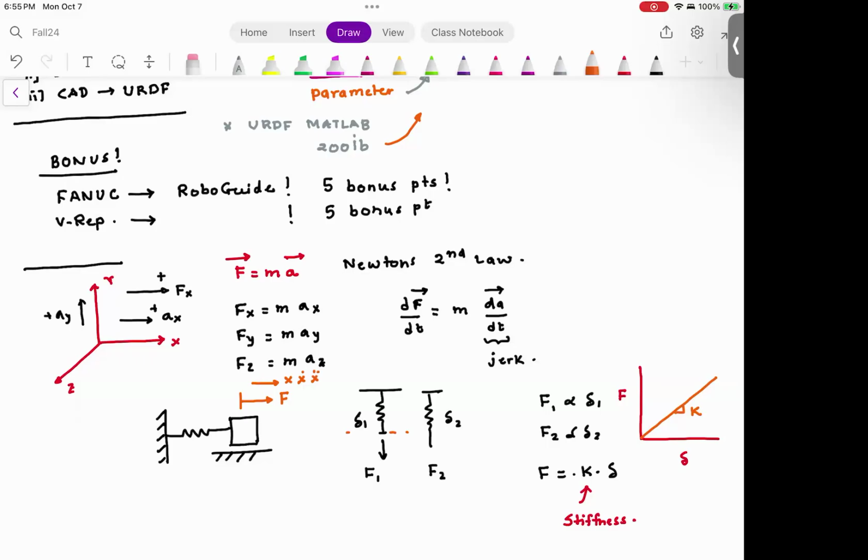It's extremely important: force is going towards the right, so I try to move it. The displacement is towards the right, velocity is towards the right, acceleration is towards the right. Do you agree with me? The spring would be deflected. So this spring will get extended.